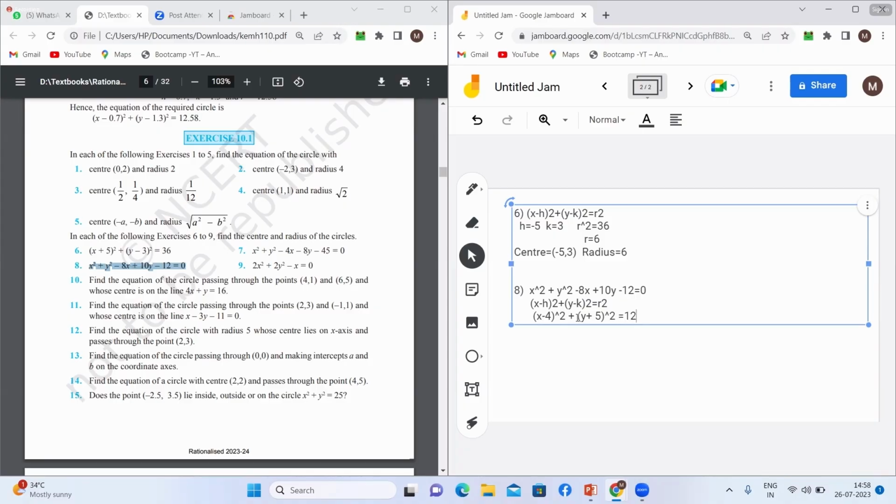And what was left? I was left with plus 9 plus 25. 25 plus 9 is 16 plus 25. 35, 41. Okay, so 41.